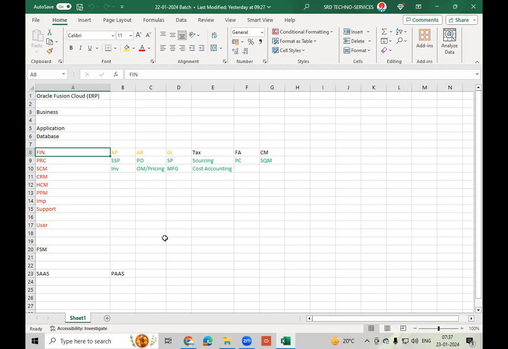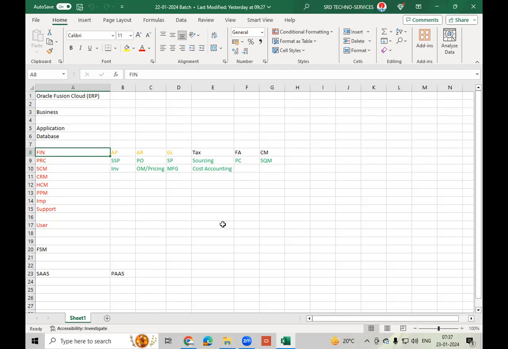This product is developed globally, so it will support any kind of business. They will not configure each and every setup for every industry; as per that requirement, they will configure the setup.